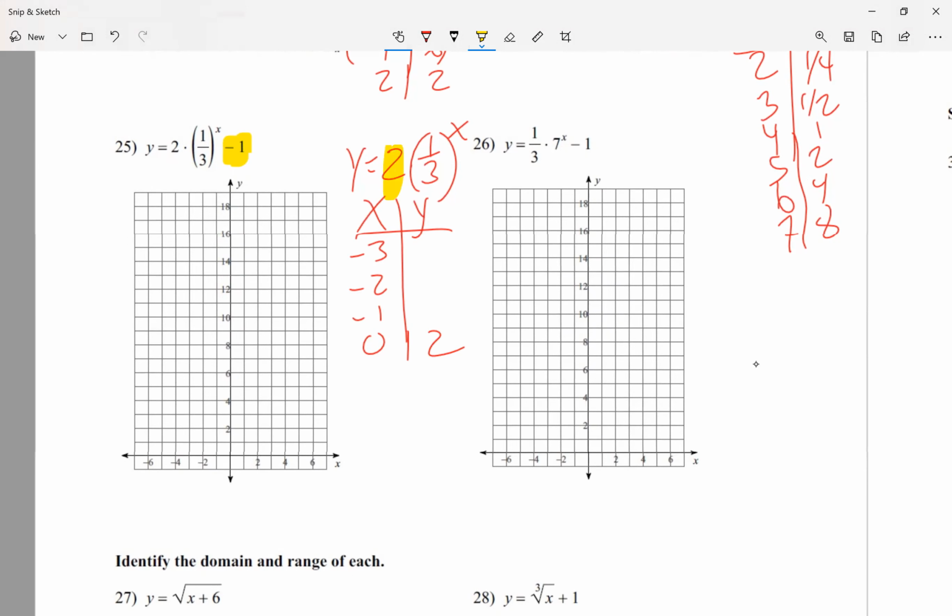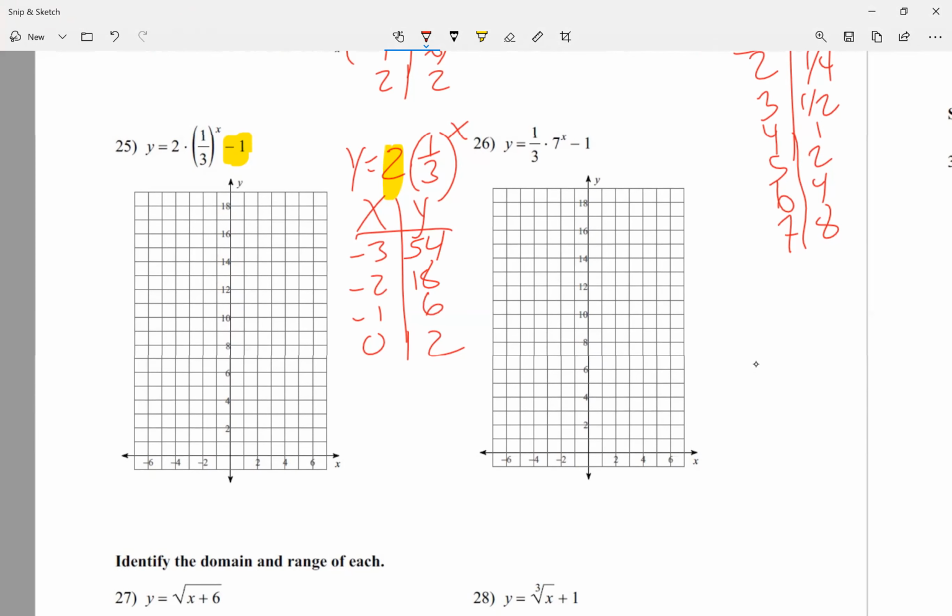That's always this number right here. And because I'm going backwards, the reciprocal of 1/3 is 3, right? Remember, reciprocal, you flip the fraction. The reciprocal is 3. So in order for me to come up with the previous number, I'm going to multiply by 3. All right, so we start with a 2. So my next number is 6, 18, 54. Each time I multiply by 3.